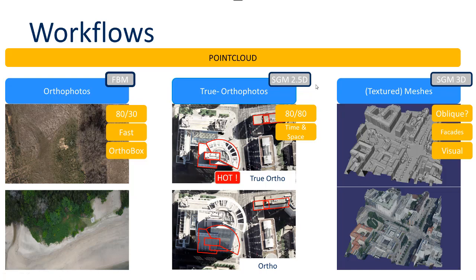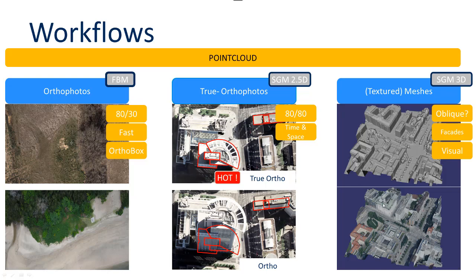And finally, we also offer in Match 3ds a textured mesh. The textured mesh is typically at the moment more for visualization. It offers for non-photogrammetric or even non-surveyors a very detailed and clear view to a scene.